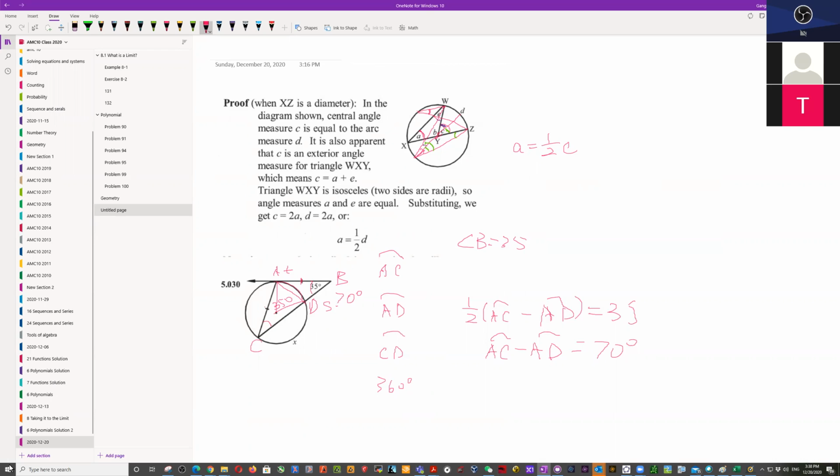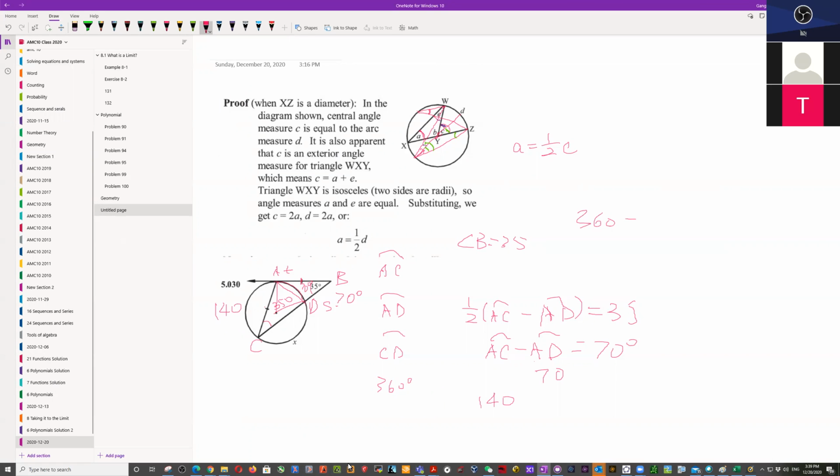So basically, AD equals 70. So AC equals 140. That's 70. And then the remaining, it's asking for X. X will be 360 minus the, let me see if it's right or not.